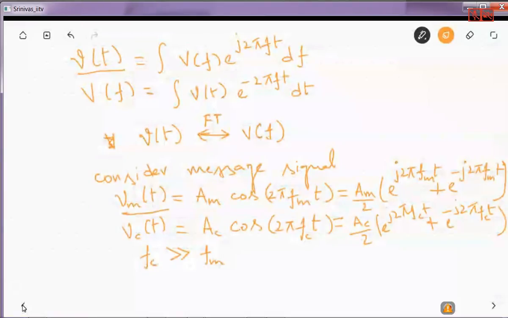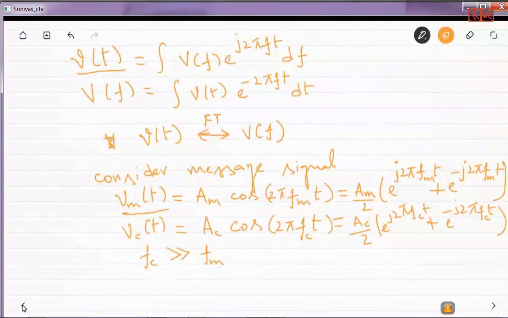But now let us consider a message signal which occupies a certain frequency range. See this. What is Vm of t? Vm of t is just one sinusoid. So in the frequency spectrum, it has got only one frequency component. But a speech signal or audio signal will have so many frequency components. It has got a finite bandwidth.